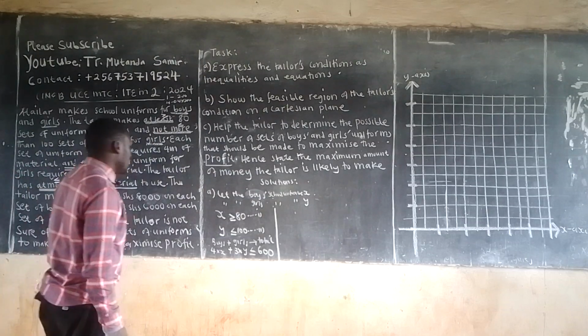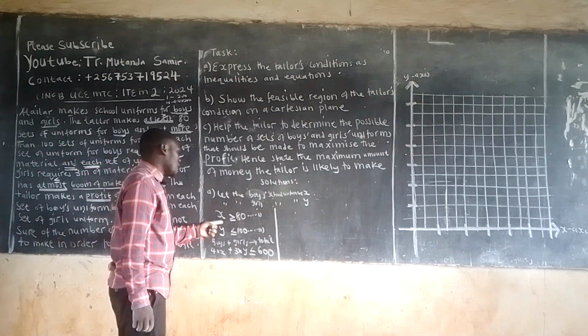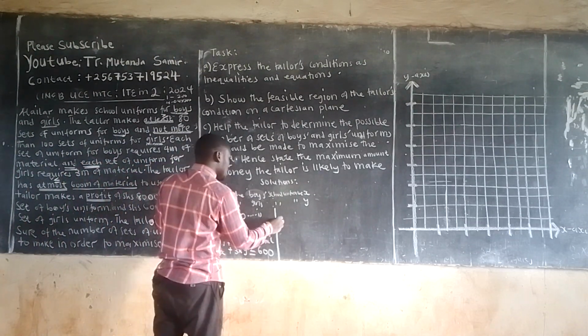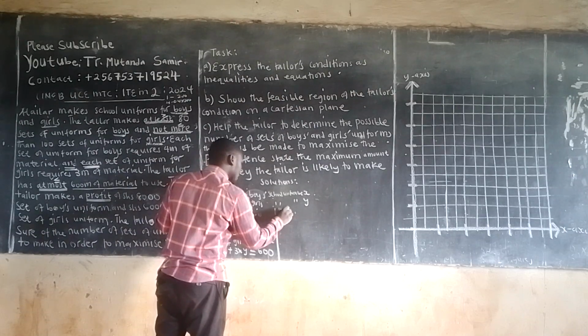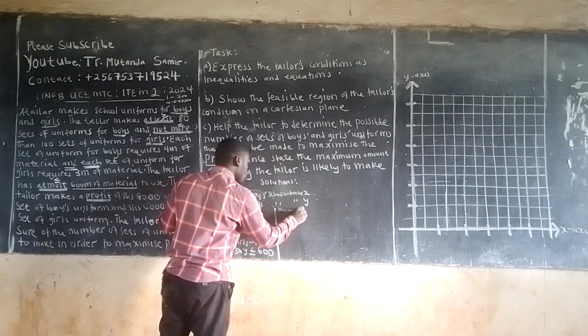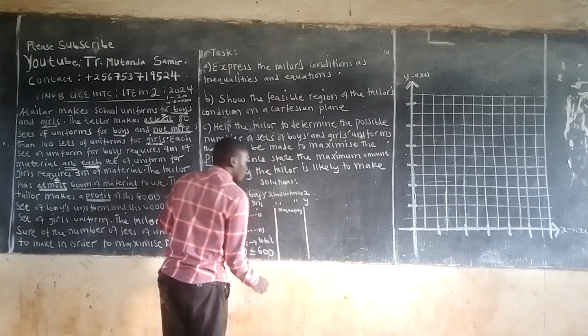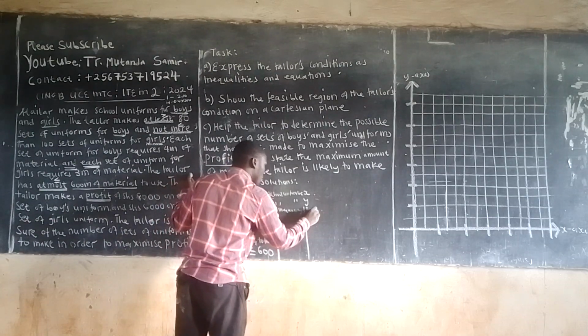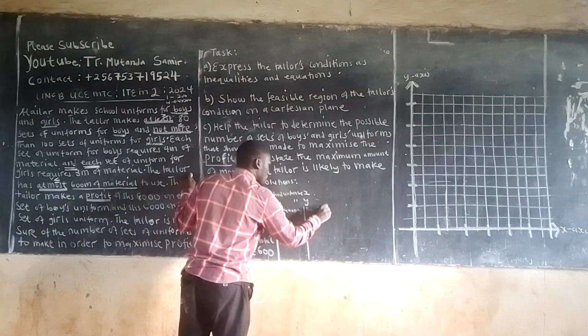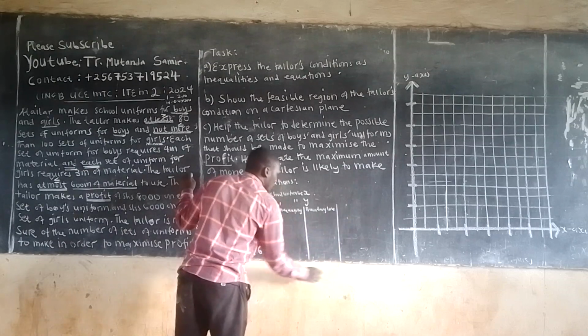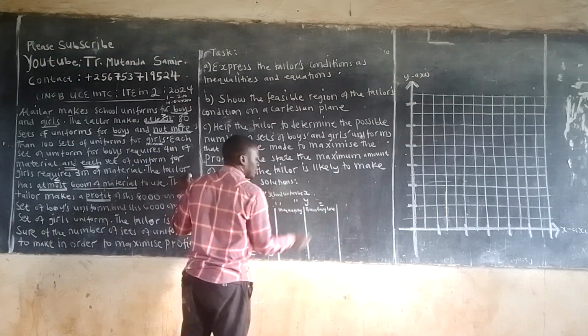Now next. What you must know is, maybe just to analyze the equations. The equations we have now are inequalities. We have the boundary line. Now for an inequality, the boundary line must have an equal sign on it.